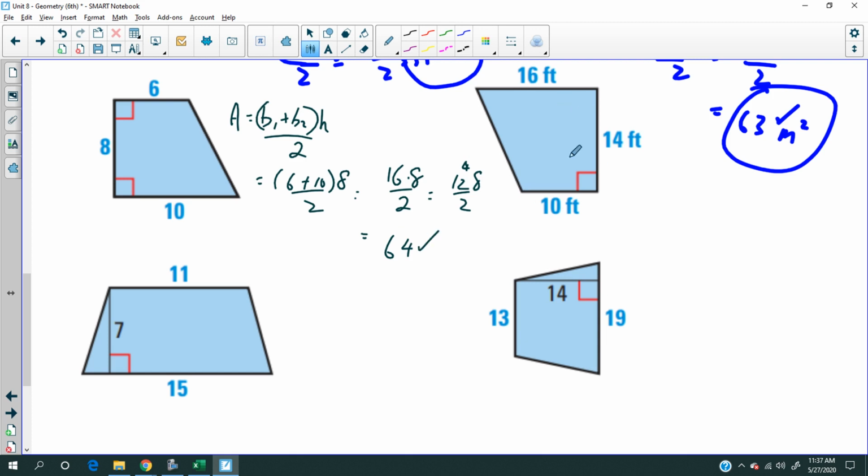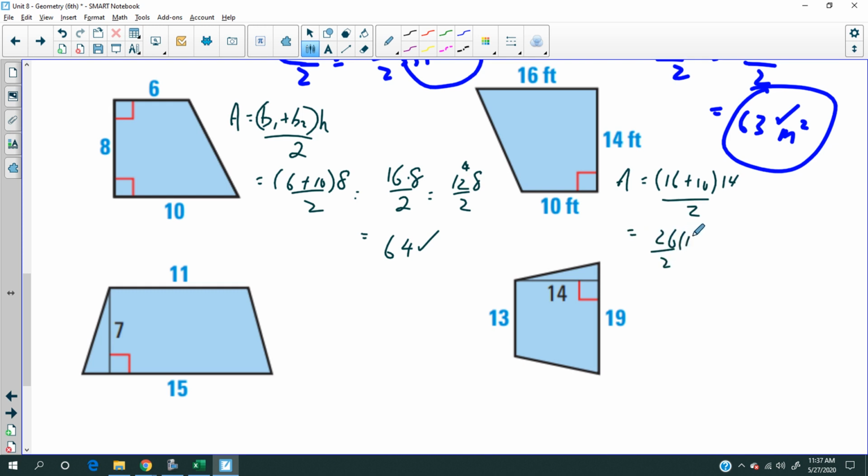Now, this one, don't get intimidated by the weird shape. It's just an upside down trapezoid. So nothing changed. And neither does this one. This one is just a trapezoid going sideways. Now, make sure you add the right thing, because I almost added these 2. Base 1 plus base 2 times height divided by 2. So that's 26.